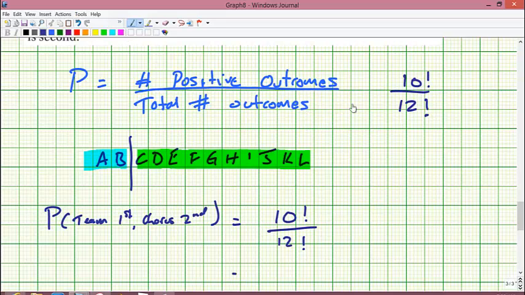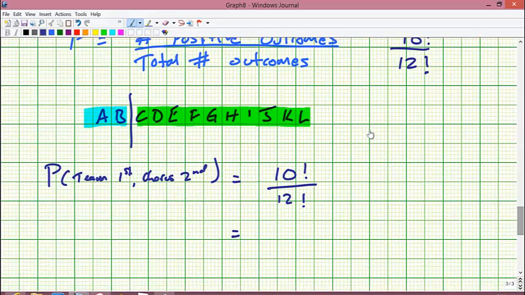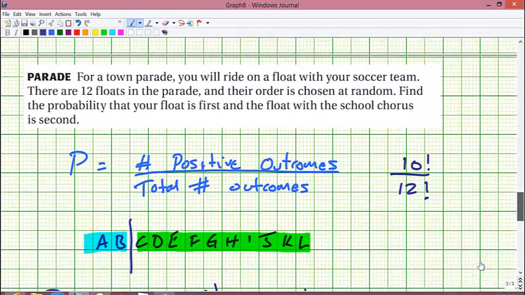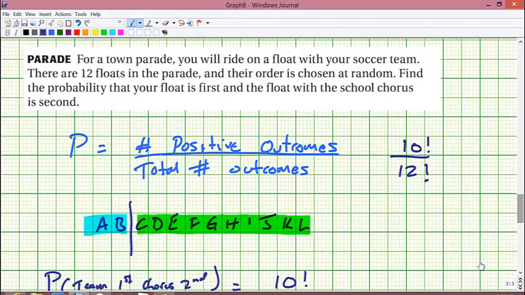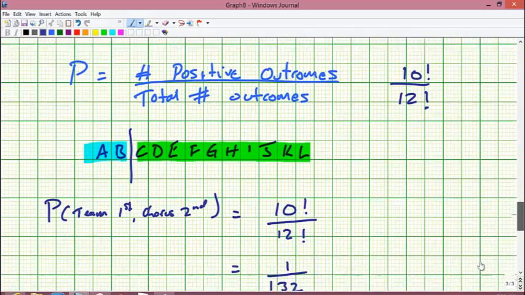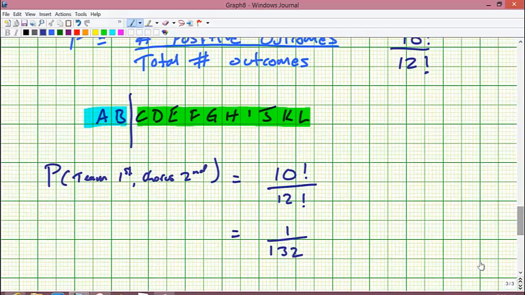And if we were to put that into our calculator, 10 factorial divided by 12 factorial, we get an answer of 1 over 132. And that's the solution to the problem. So we go back to the question: find the probability that your float is first and the float with the school chorus is second. The answer is 1 in 132.